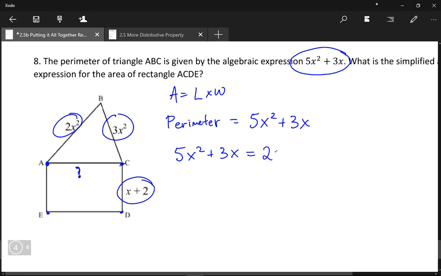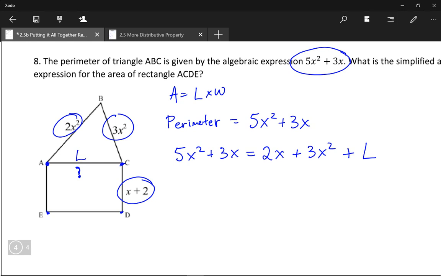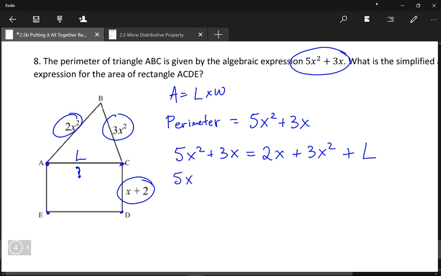So I have 2x plus 3x squared. And for the length, I'm just going to put an L to represent the length. So all I have to do is subtract from the perimeter to find the length. So 5x squared plus 3x minus 2x minus 3x squared gives me my length.